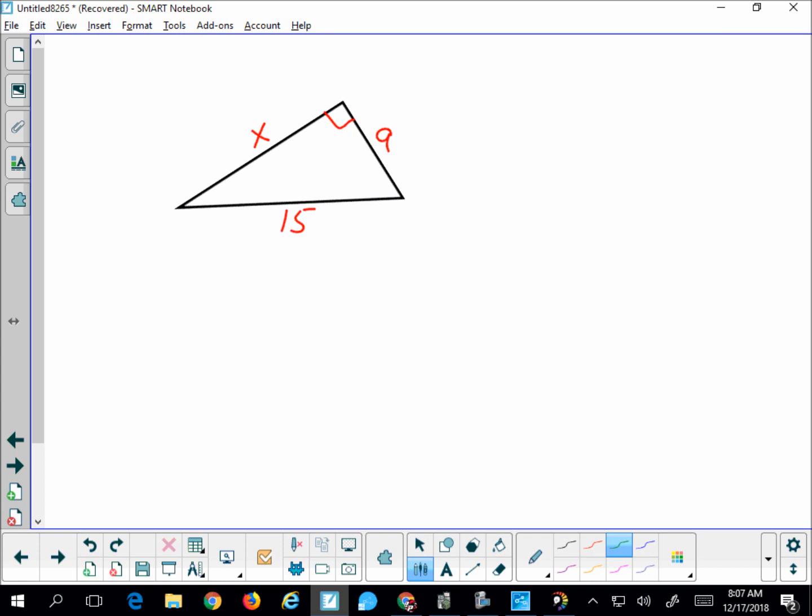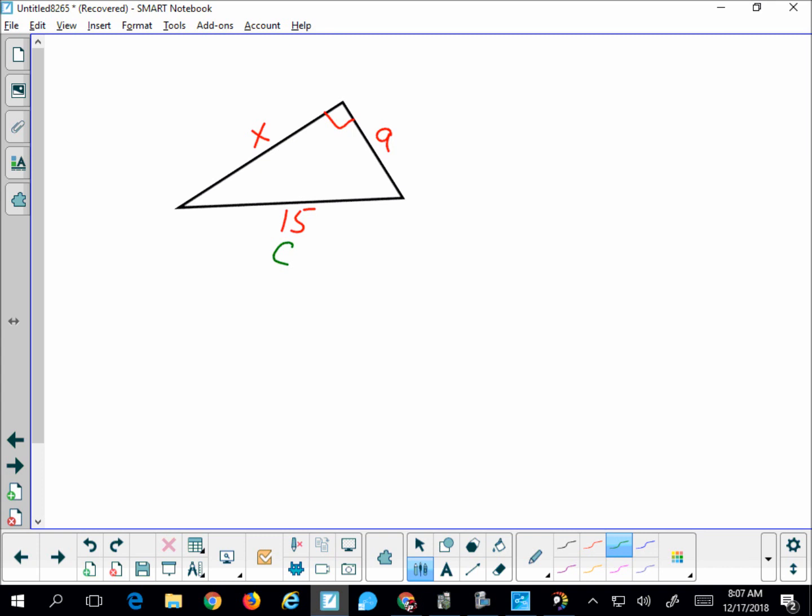All right, so which one of those three is the C? 15? All right. And then A and B? Which one is A, 9 or x? Doesn't really matter, does it? Your A and B are both legs, so it doesn't matter which is which.